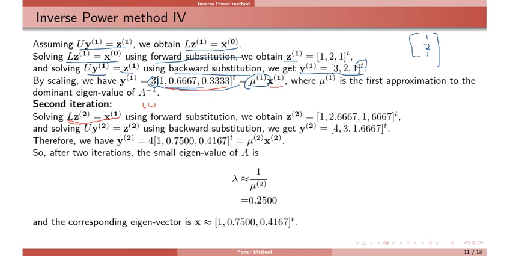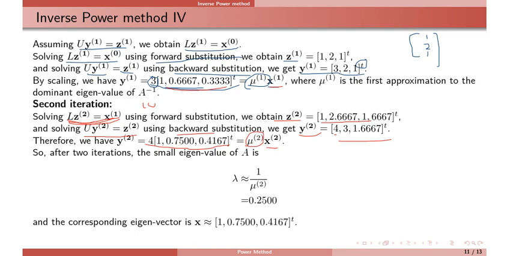So now in the second stage, write L z2 equal to x1 and solve using forward substitution to find z2, and then U y2 equal to z2 using backward substitution to get y2. Then take the largest entry, 4, outside. I am writing this as mu2.